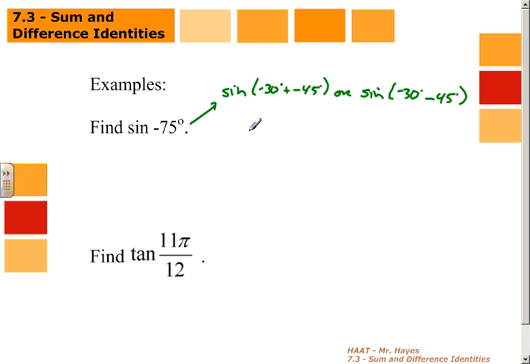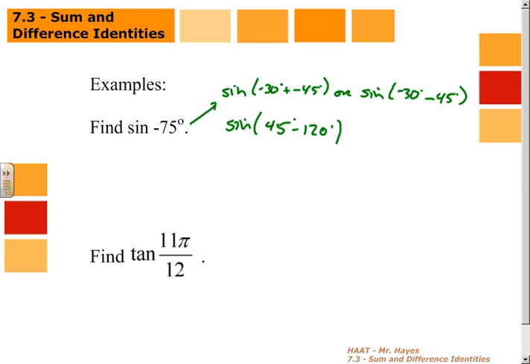You could also do 120 minus 45, so sine of 120 degrees minus 45 degrees. Take that back all the way around: 45 minus 120. I was just shooting for 75 there. We'll just flip the two around. So 45 minus 120 degrees would work as well. So any of those you could set up to do.